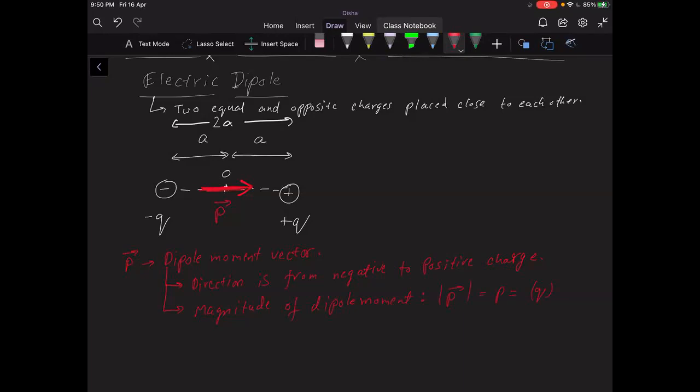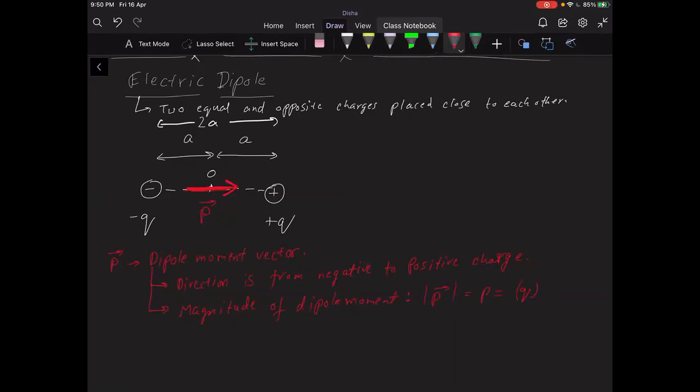Any one, minus Q or plus Q, the value is Q. So charge, you can say the positive charge value to keep it simple, into the distance between the charges. What is the distance between these two charges currently? Yeah, it's 2A. So the dipole moment vector is along the direction from negative to positive, and its value is Q into 2A. That's the simplest of cases. Charge into distance.